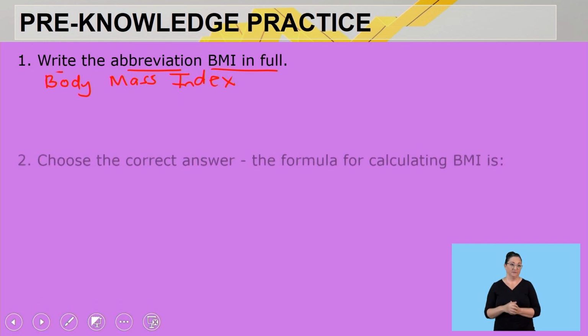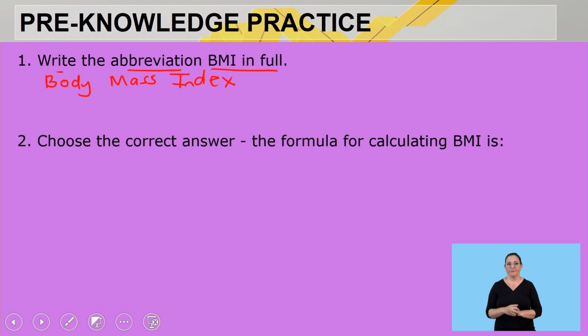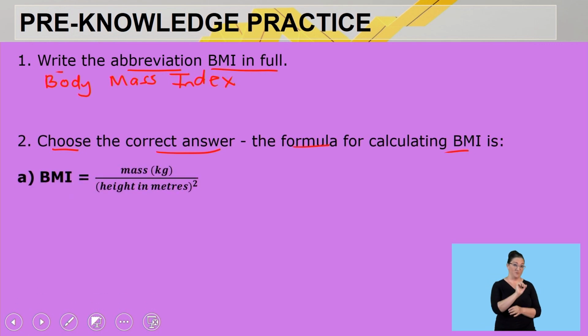Let's look now at another question. Question number 2, they are saying here choose the correct answer. The formula for calculating BMI, so now we are looking for a formula in order for us to calculate BMI. Option A is saying BMI is where we take the mass in kilogram divided by the height in meters squared.